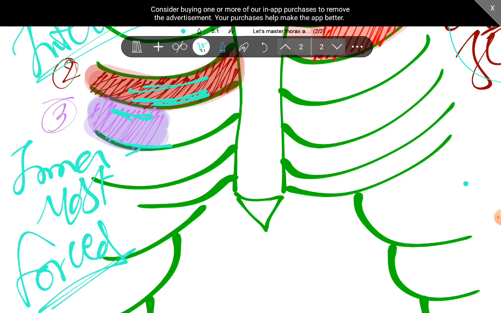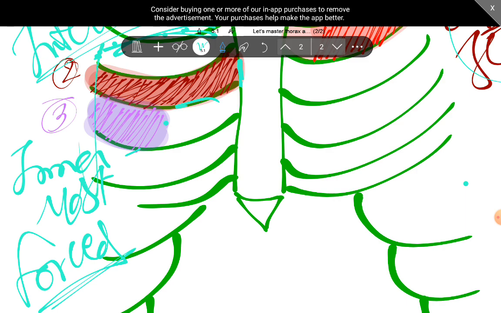Both fibers go downwards and backwards. That one begins from the sternum, continuing to the angle of the rib, and continues as the posterior intercostal membrane.